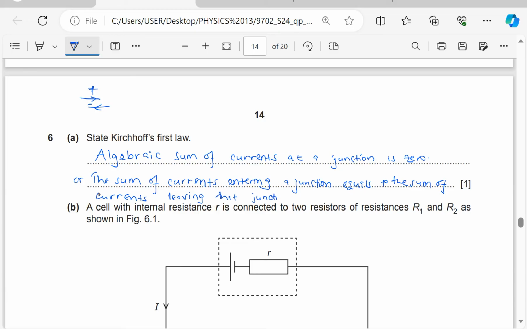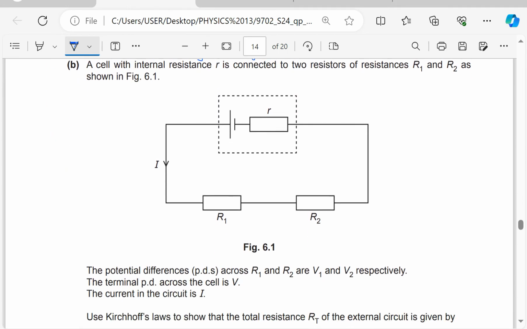It should be the same junction you are considering.